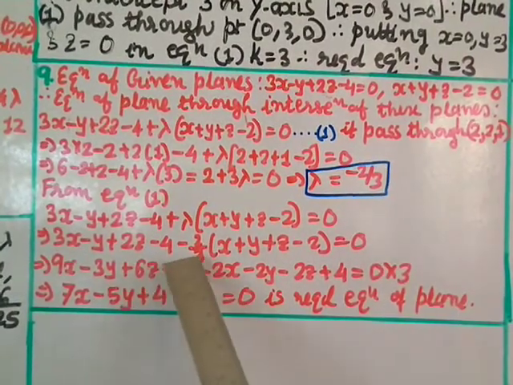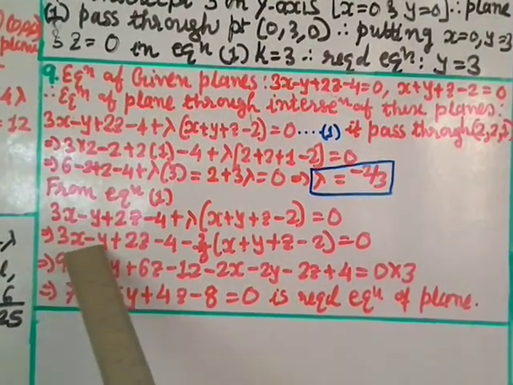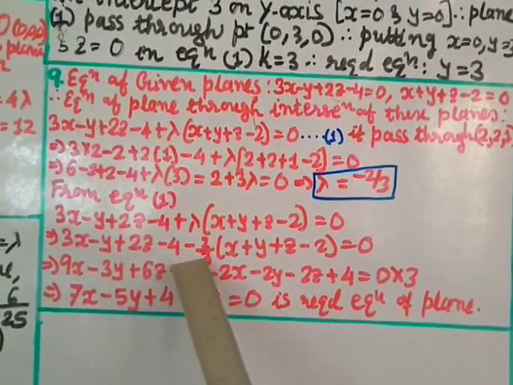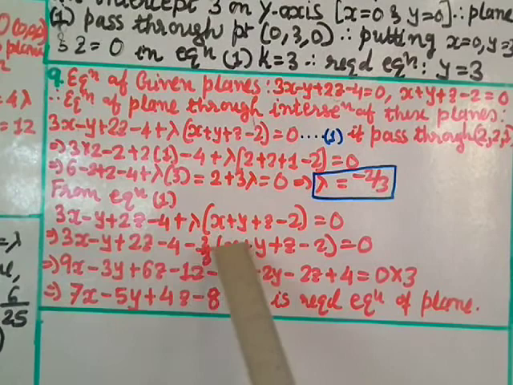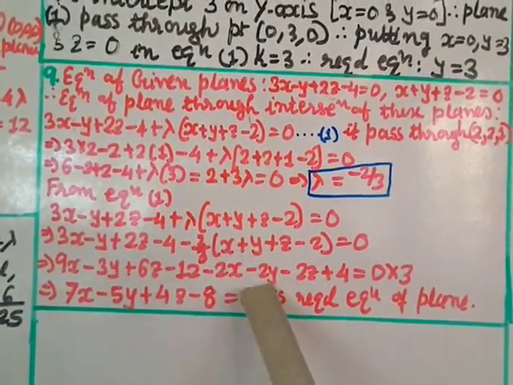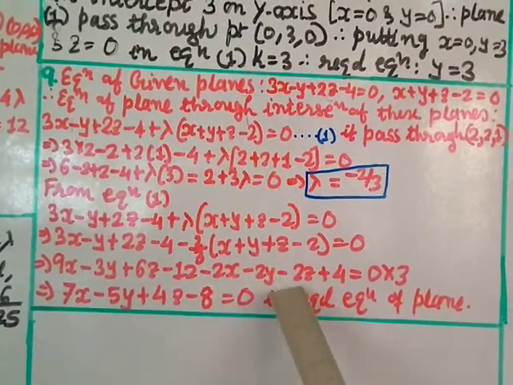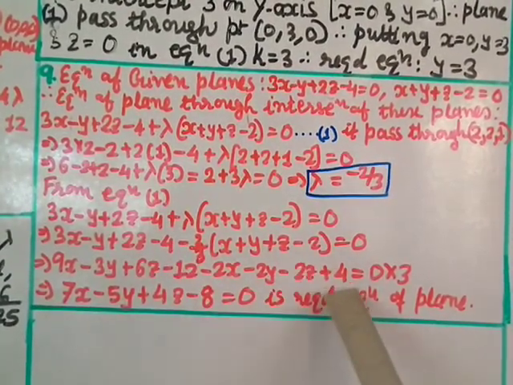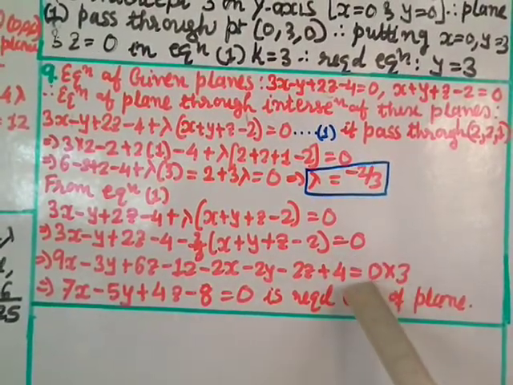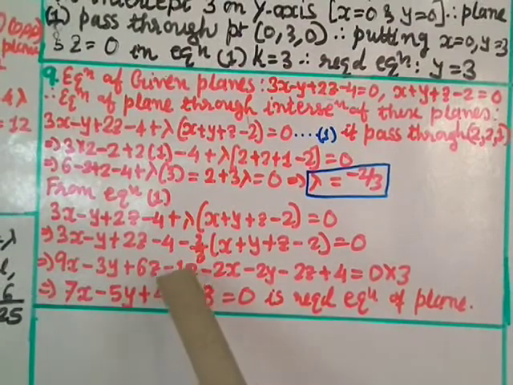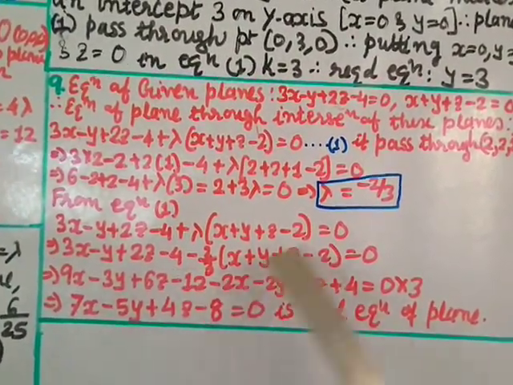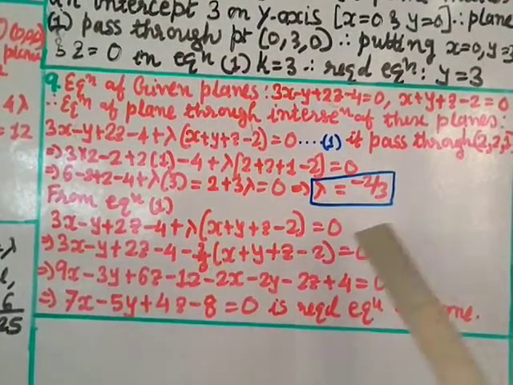I am taking the LCM as 3, and multiplying by 3 here, so 3 into 3 is 9x, minus 3y, plus 3 into 2 is 6z, minus 4 into 3 is 12, then multiplying the minus 2 inside, minus 2x, minus 2y, minus 2z, minus 2 into minus 2 is plus 4, and the denominator I transfer over here, multiplying with 0, which gives 0.